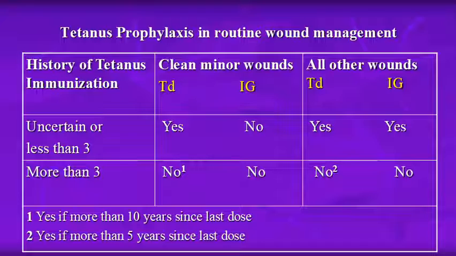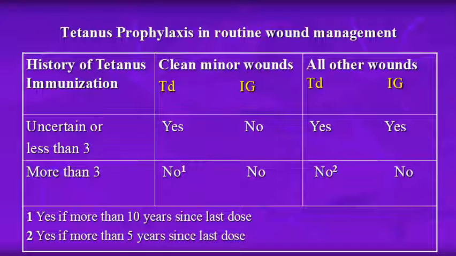If it is a clean, minor wound, then we give TD, but there is no need to give immunoglobulin. You see here, the type of the wound will determine whether to give immunoglobulin or not. So if it is clean or minor, then we don't need to give immunoglobulin, but we give tetanus toxoid if the patient has no history of more than 3 doses or he's uncertain.